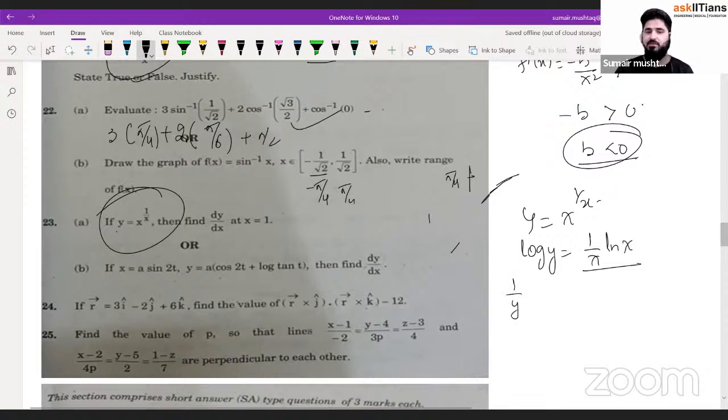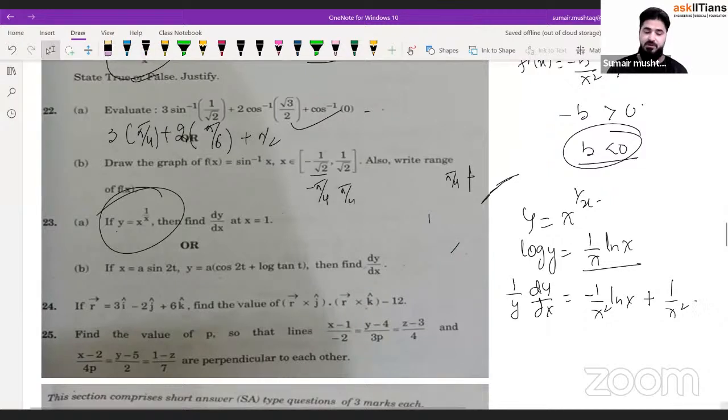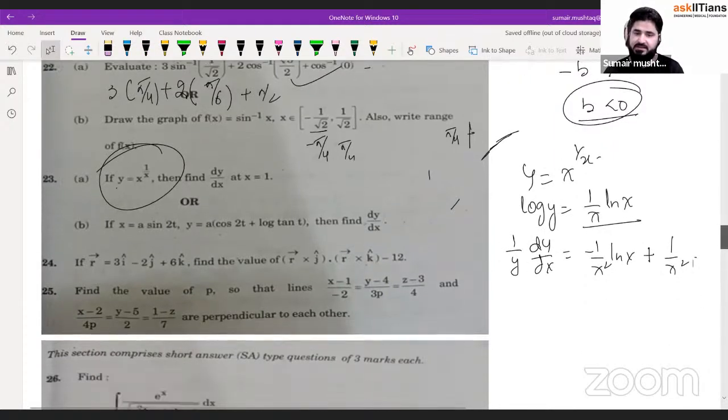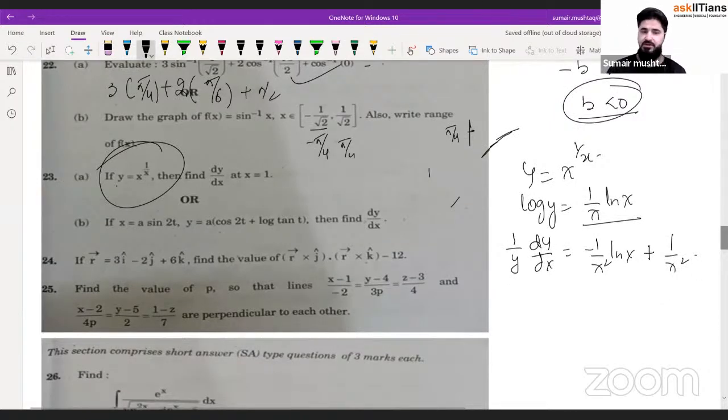This will be 1 by y dy by dx. Okay. So the derivative of this thing, that is minus 1 by x square ln x as it is, plus 1 by x square. This will be on that side. Simply you will get the answer. You just do that yourself now.